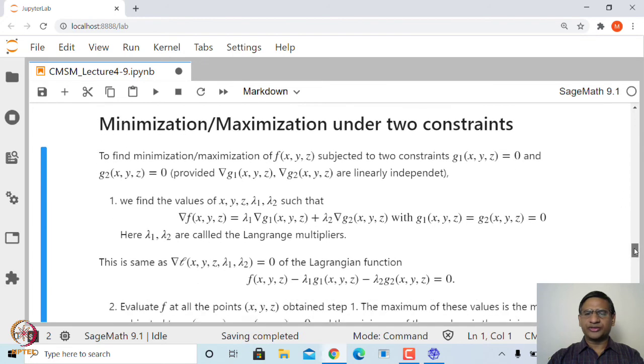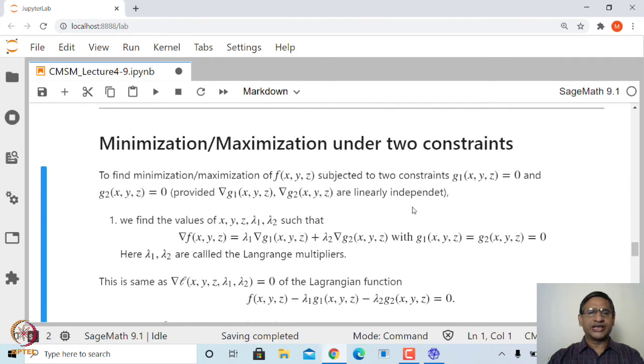The steps involved in solving this kind of problem are as follows. In order to find the minimum or maximum value of f(x, y, z) subject to 2 constraints, g1(x, y, z) equal to 0 and g2(x, y, z) equal to 0, again we will be assuming that grad g1 and grad g2 are non-zero and linearly independent.